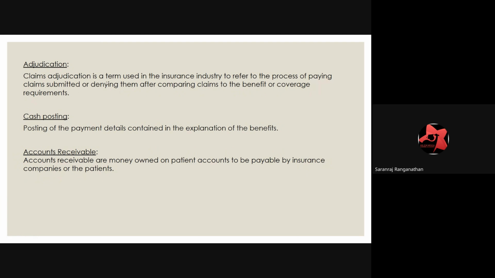That process is called adjudication. Okay. Then cash posting. Cash posting is the posting of the payment details contained in the explanation of benefits. Then accounts receivable. Accounts receivable is money owed on patient accounts, payable by the insurance company or other patients.